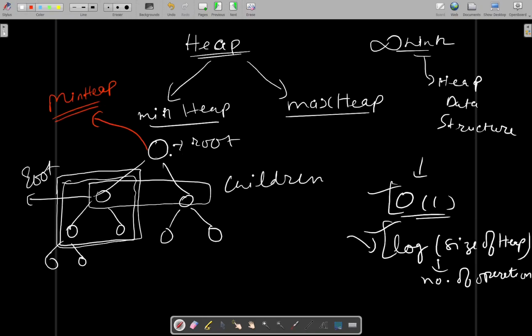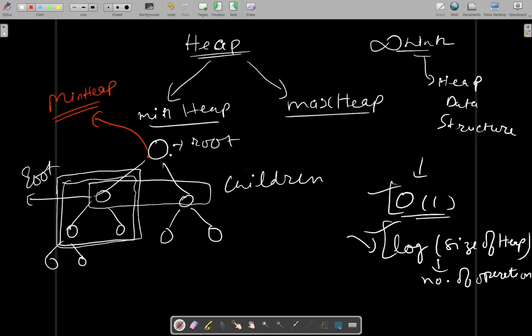In min heap, all the children values are either greater than or equal to the root's value. So the root's value is the smallest among all the values present in the heap.